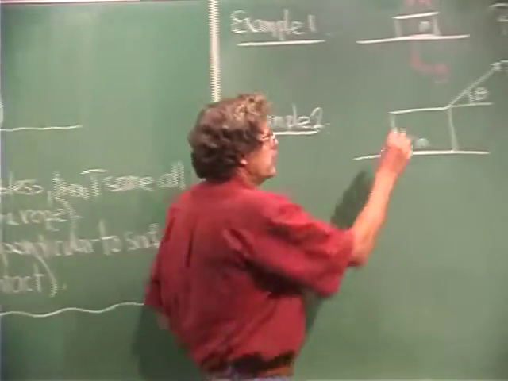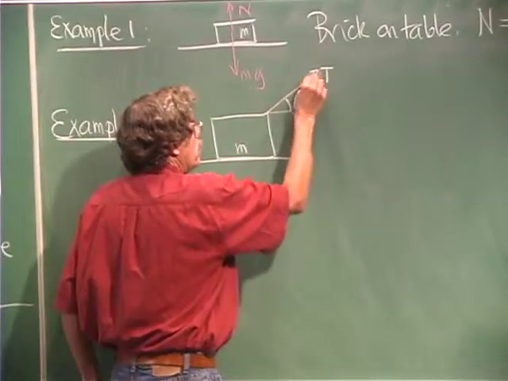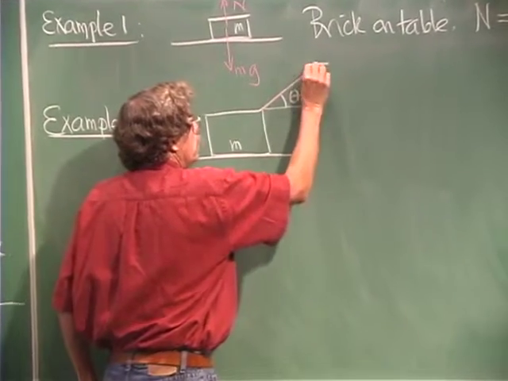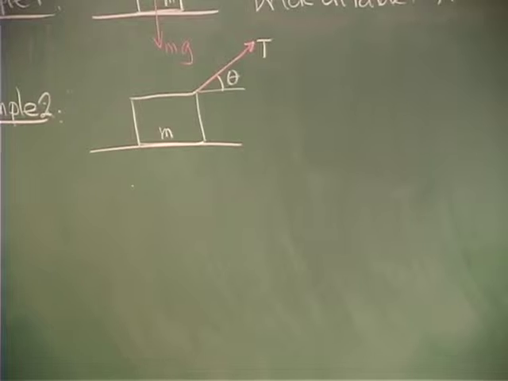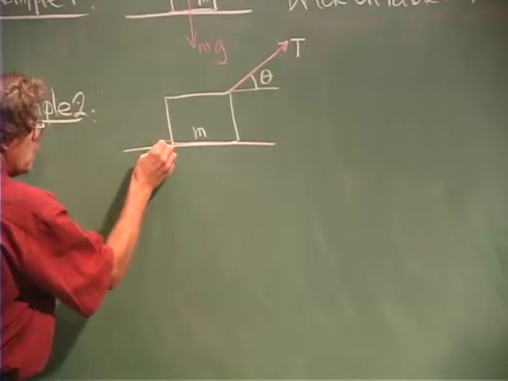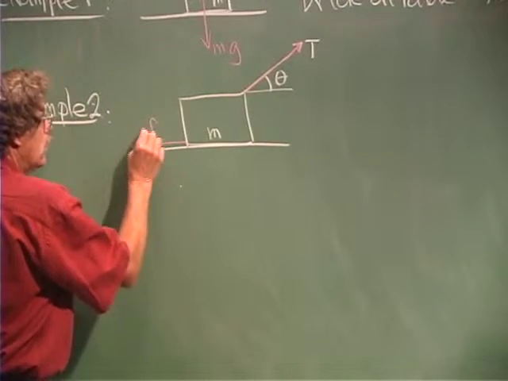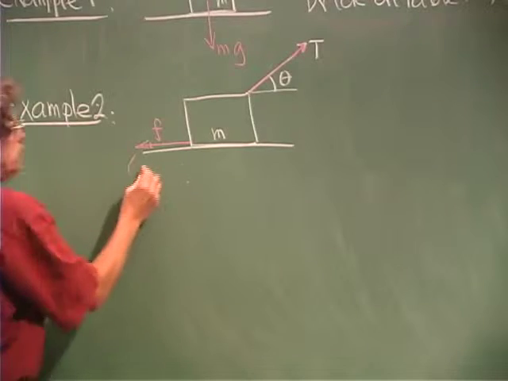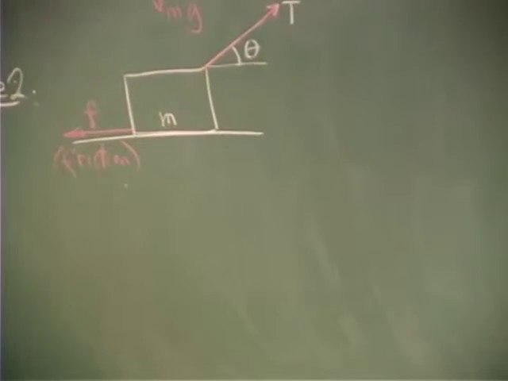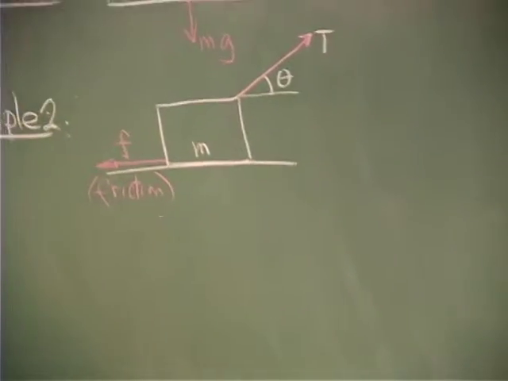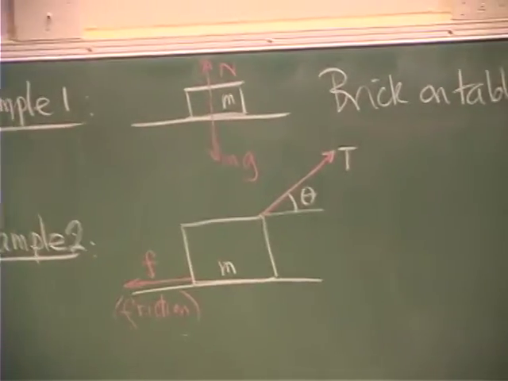Do you remember? There's a tension T, of course, exerted by the rope, for sure, pulling up like that. What other forces act on that crate? Friction. They said that there was a backward force of friction here. I'll just call that F. Due to the floor pulling backward on it, because the guy is driving it along to the right.